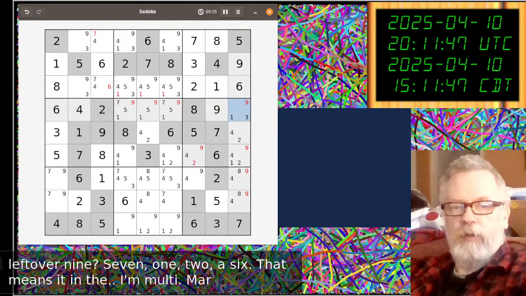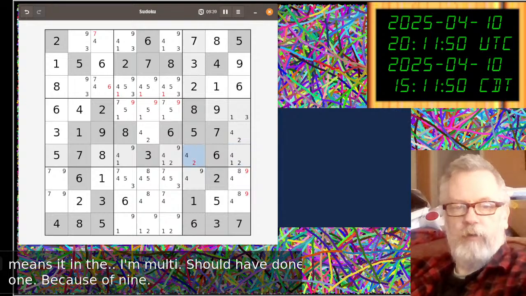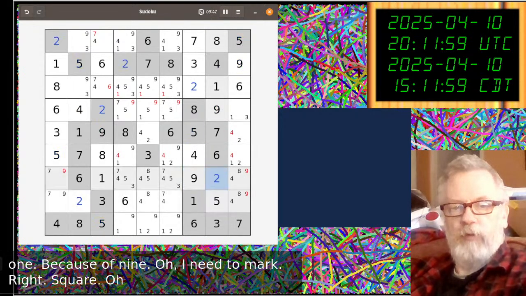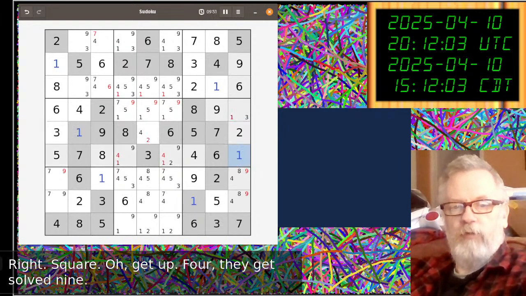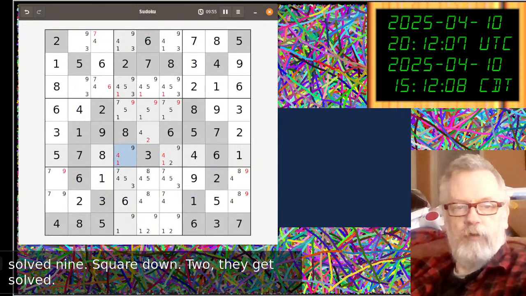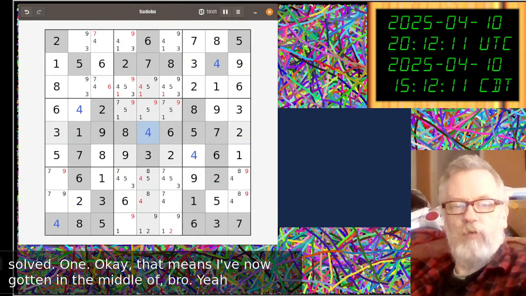That becomes a 9. Unearmark the 9s in the left or right middle square. Get a 4 that gets solved, a 9 below that in the next square down, 2 that gets solved, 1, 3. Okay, that means I've now got in the middle row a remainder 9, remainder 2, and remainder 4.